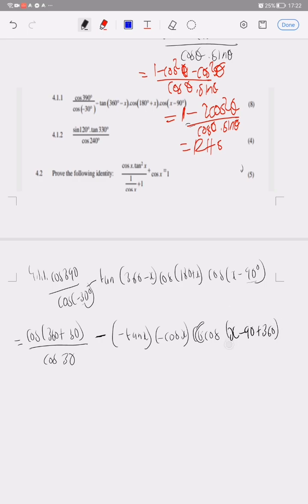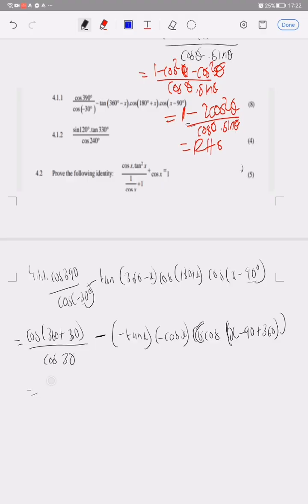All right, so what do we do here? When I simplify this one, I know there is a theta plus an angle. Which quadrant is that one?